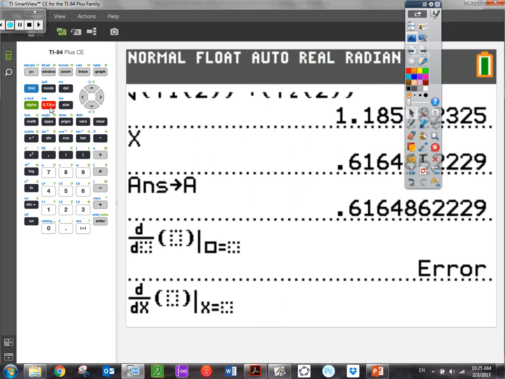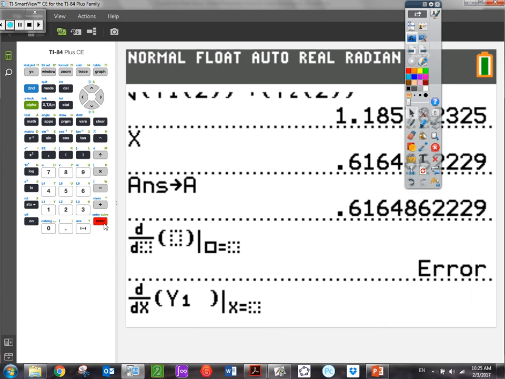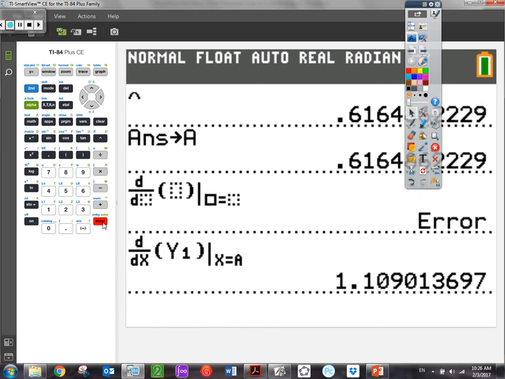Let's go ahead and do the dx dt first, which we put in y1. So alpha calc, here we go, is our y1. And then I want that at the value that we calculated at a, because I stored it at a. And so we hit alpha a. So this is going to give us our x component. So this is the x component of our acceleration vector.